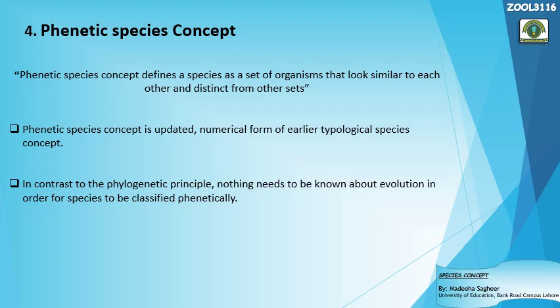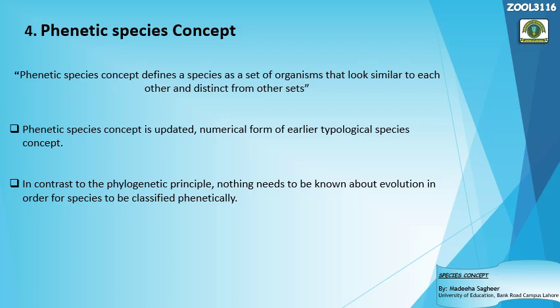Phenetic species concept defines a species as a set of organisms that look similar to each other and distinct from other sets. It makes the species on the basis of their similar structures, and those organisms that have more structures in common are grouped in the same species, and others that are different from that are grouped into other sets.